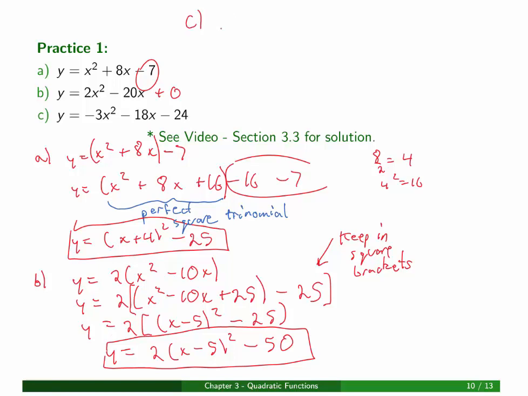Okay, part C. y equals negative 3x squared minus 18x minus 24. Same as before, you're going to factor out negative 3 here, which will give you x squared, and negative 3 out of negative 18 will give you plus 6x.